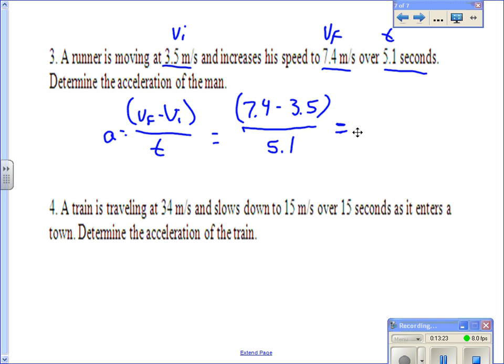7.4 minus 3.5 divided by 5.1, 0.76 meters per second squared. So you do have to pay attention to what our units are. If our velocity is in meters per second and our time is in seconds, we're going to do meters per second squared. We're only going to go back and forth between meters per second and miles per hour on these worksheets.